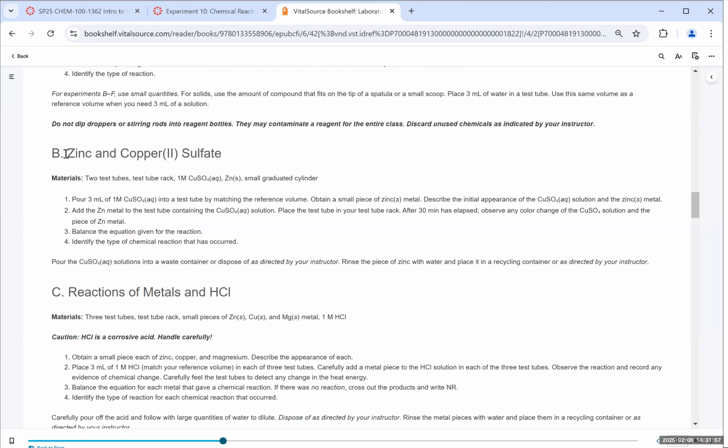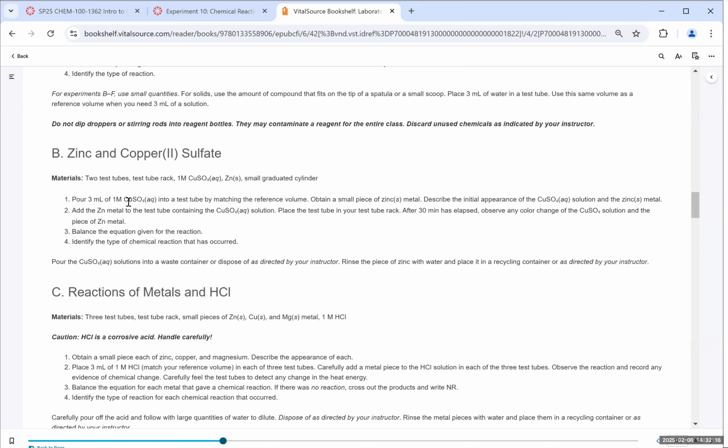And what we're going to see here is an example reaction that's often used in electroplating and other metal-based reactions. So this is quite an interesting reaction with a very easily distinguished visible cue.